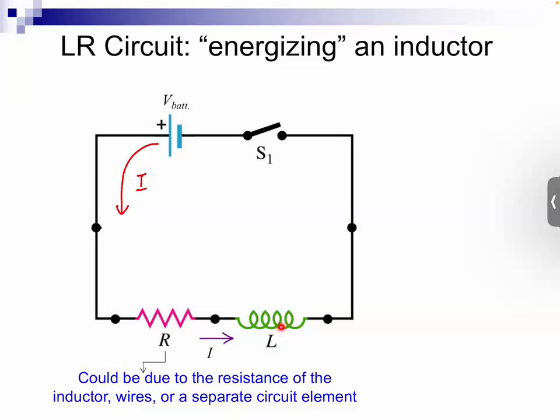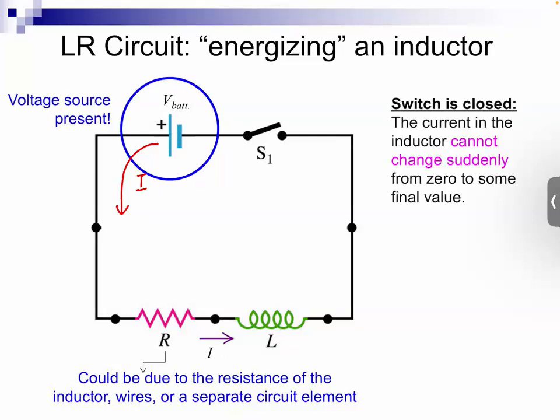So because you have an inductor in this circuit, the current cannot change suddenly from zero when the circuit is open to some current value when you close the switch. So to see how the current behaves once the switch is closed, let's analyze the circuit.